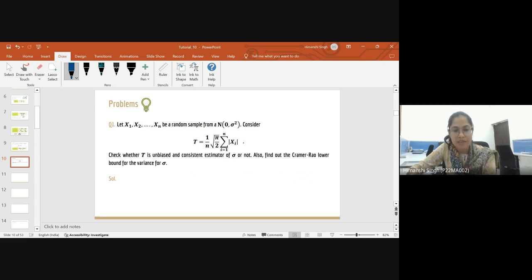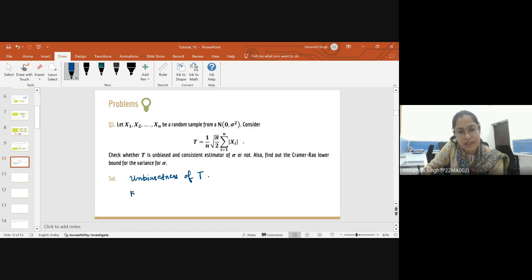So for unbiasedness, we will be finding out the expected value of this T. So I am first interested in unbiasedness of T. Okay.